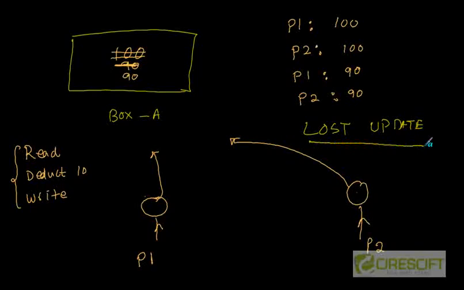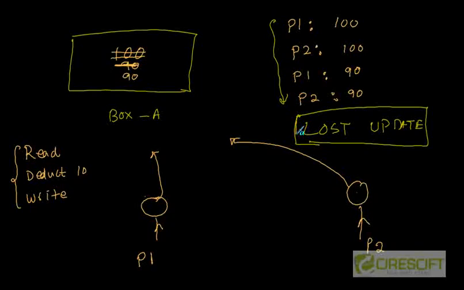This problem was not there when they were accessing different boxes, box A and box B. But when they try to access the same box and change it, whoever changes it last, his or her update is going to be there, and whoever updates first, his or her update is going to be lost.